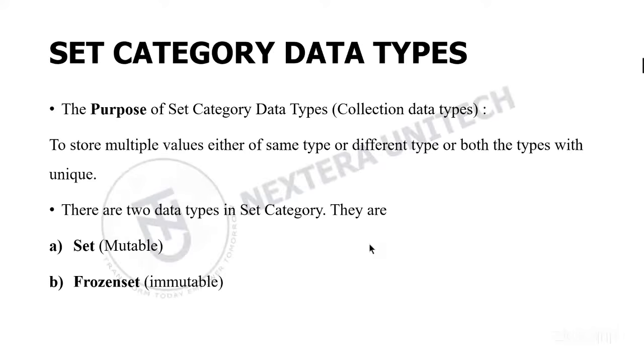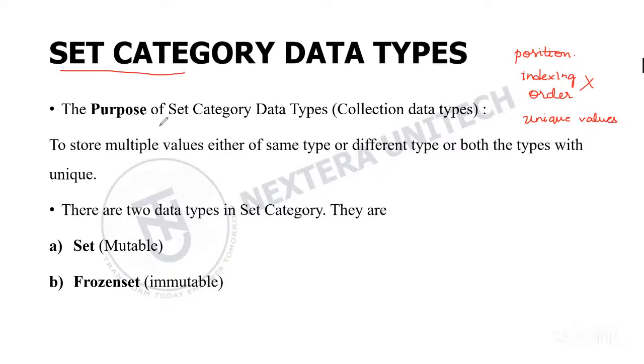So sometimes we don't care about the position, in which position the value is, or we don't care about the indexing, or we also don't care about the order. So we only care about one thing, that is having unique values. So in that case, we have the set category data types.